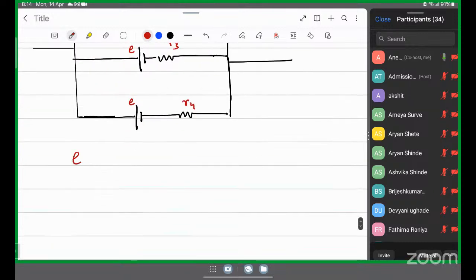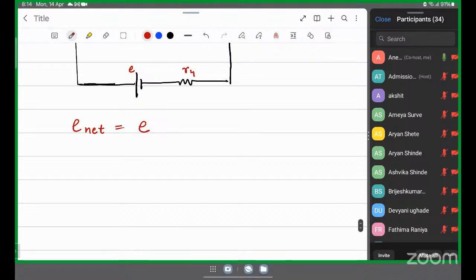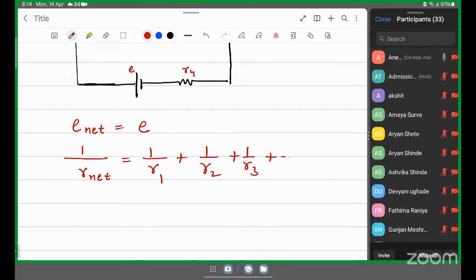So E net in this case will be E, and for R equivalent we have the formula 1 upon R net, that is same as we use in parallel combination of the resistors, 1 by R1 plus 1 by R2 plus 1 by R3 and so on, 1 by Rn.